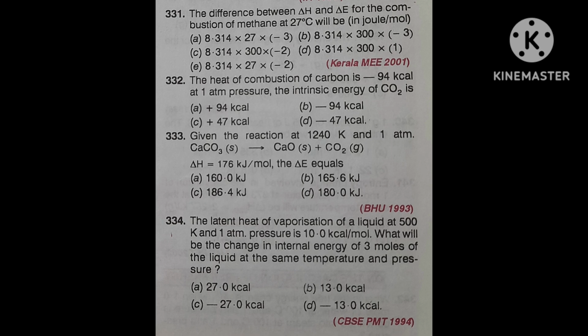First option, 8.314 into 27 into minus 3. Second, 8.314 into 300 into minus 3. Third, 8.314 into 300 into minus 2. Fourth, 8.314 into 300 into 1. Fifth, 8.314 into 27 into minus 2.